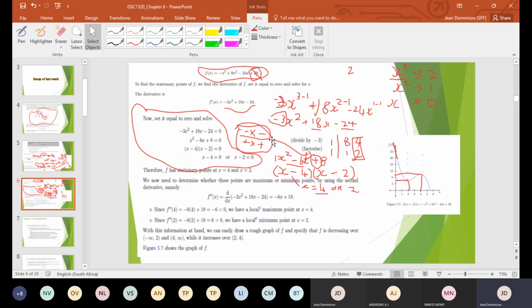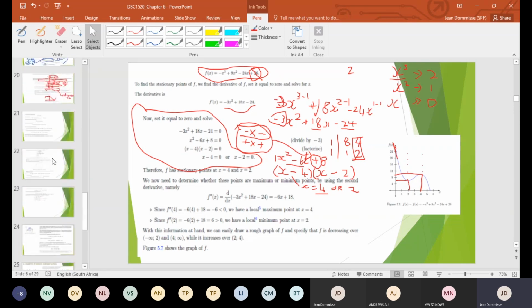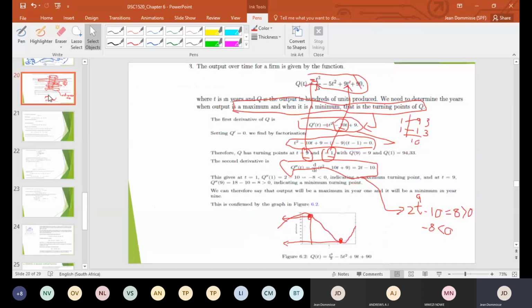So, and that nearly, Siska, is where you went already from nearly the first question into what we are doing now, is to, the first derivative basically tells me where the turning points are. With that, I can calculate the y. The second derivative tells me the way the diagram will look like.